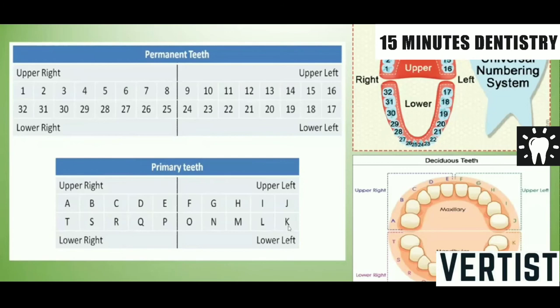It begins with the lower left second molar in a clockwise direction till the lower right second deciduous molar. So it starts from A and goes in a clockwise direction, A to T. A, J, K, T are all deciduous second molars, and E, F, O, P are the deciduous incisors. So this is for the primary teeth.